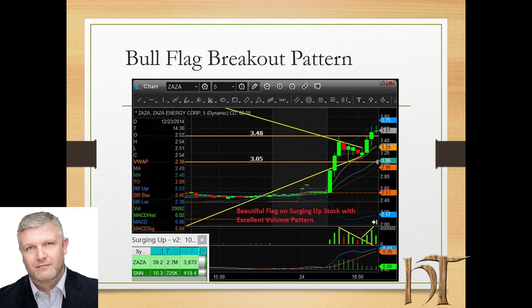Now, when we look for stocks to reverse, when we're looking at these bottom bounces, we look for a stock, or in this case, we say we want to short this. We want to see a stock that has tons of volume on the ramp up and peaks out at the top, and then there's volume.